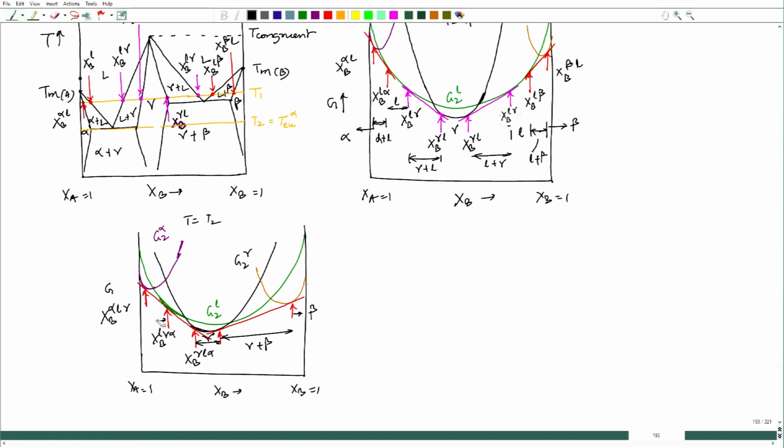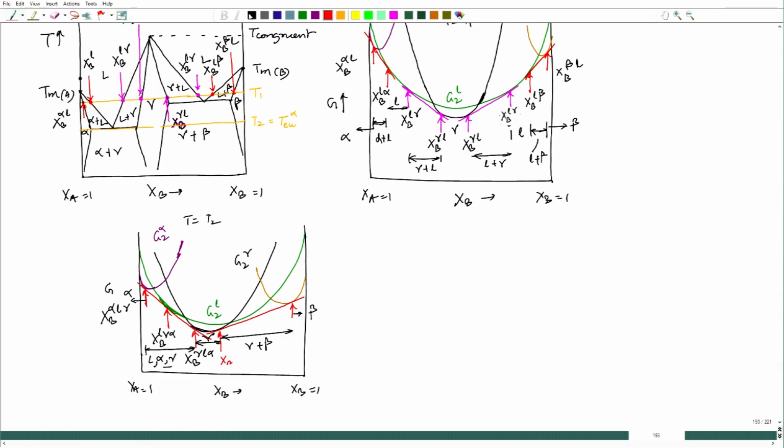In fact, over this entire range, we have 3 phases in equilibrium, liquid, alpha and gamma, and left to that we have alpha. Let us see how all those compositions can be reflected on the temperature composition diagram.